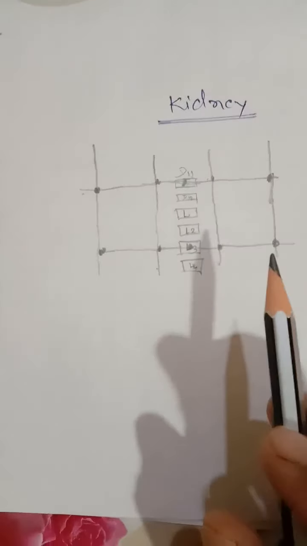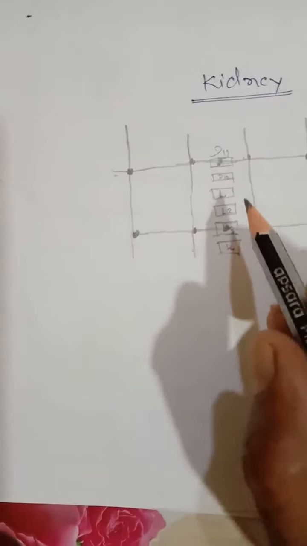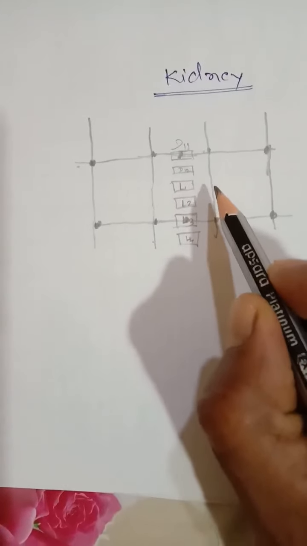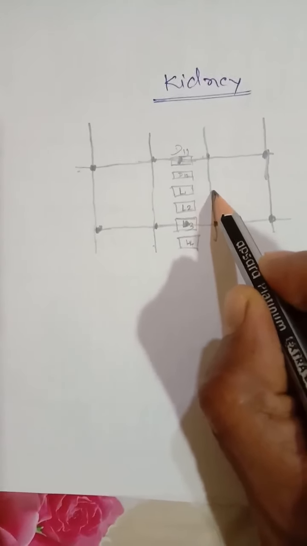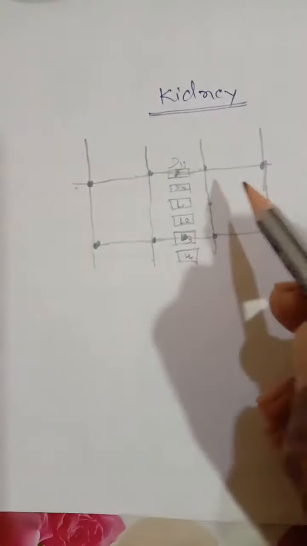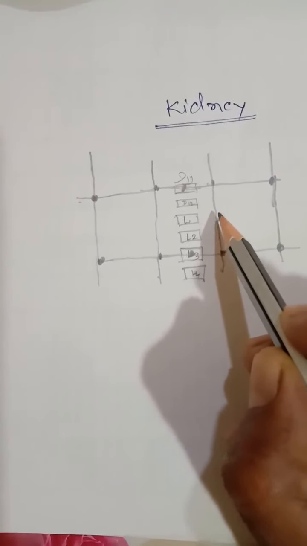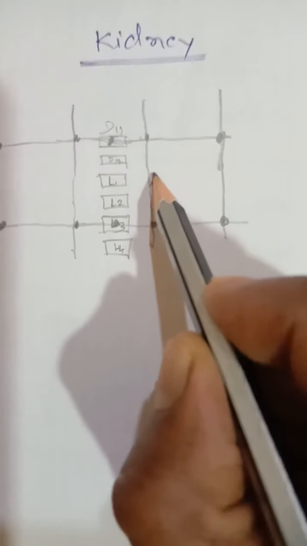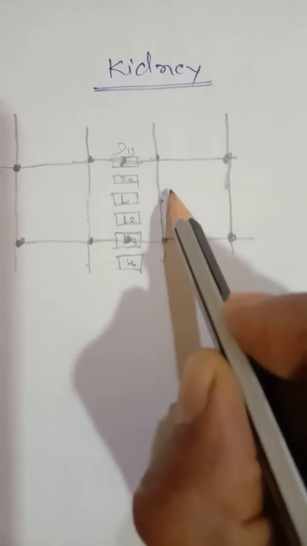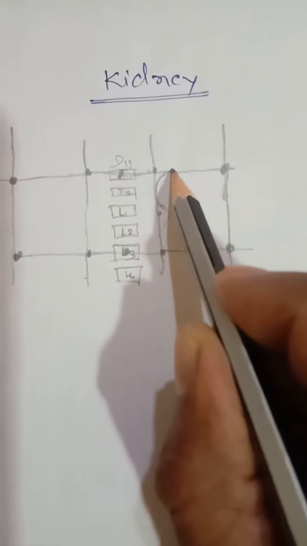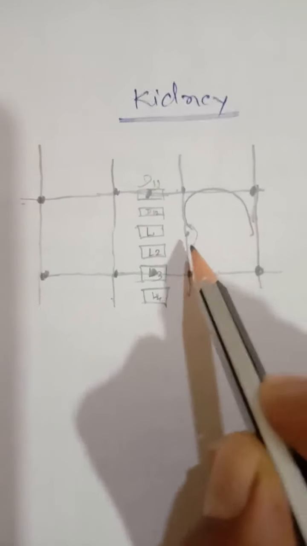So in these two parallelograms, take the center on the left side here, and this center is assumed to be the hilum of the kidney, and draw the kidney shape into the parallelogram. So in this way.